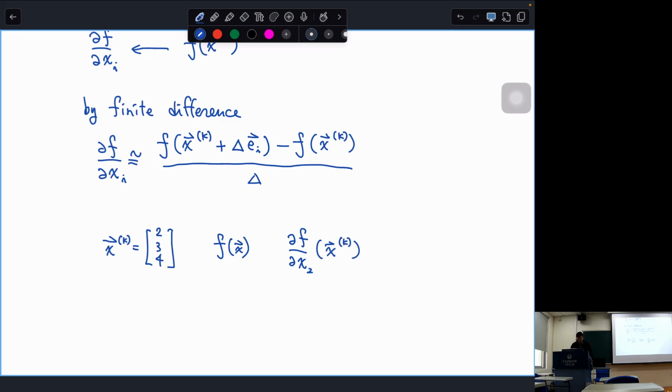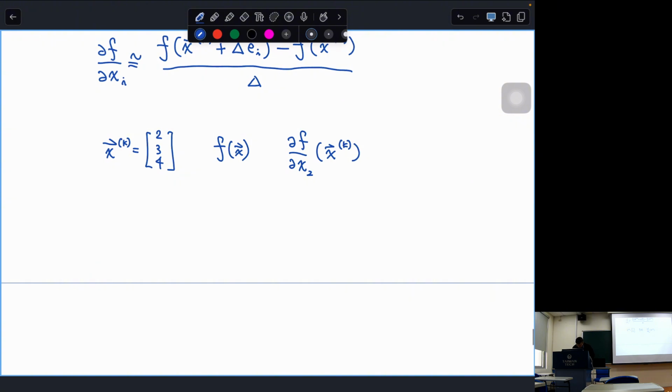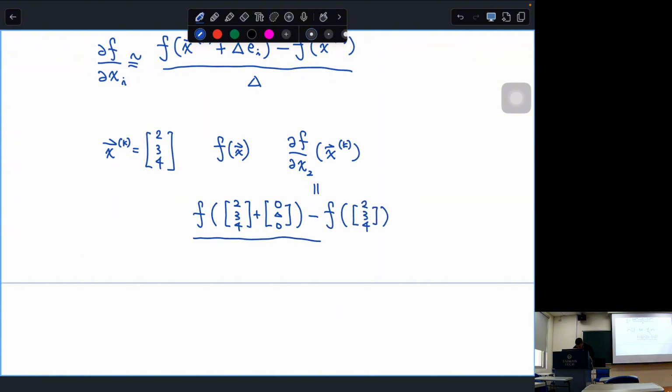Something like that. So what you are going to do basically is plug in your function value at the current design, but with a small increment on the second variable, minus the current one, divided by this delta.